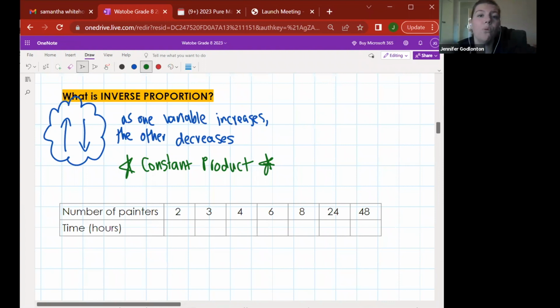If I have more people to help me to paint, is it going to take less time or is it going to take more time? That's my first question to you. If I have more people to help me paint my house, is it going to take more or less time?